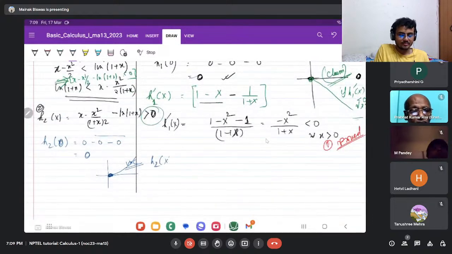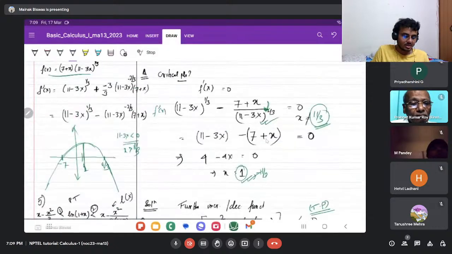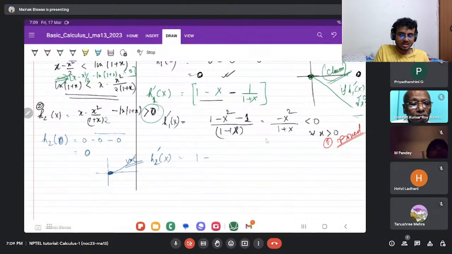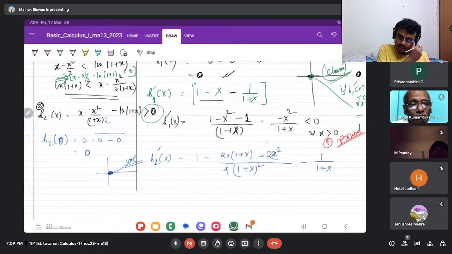h2 of x is 1 minus... into 2, right? Let's do the differentiation. So 2x into 1 plus x minus x square into 2. If I make a mistake, please stop me in calculation. Agreed?